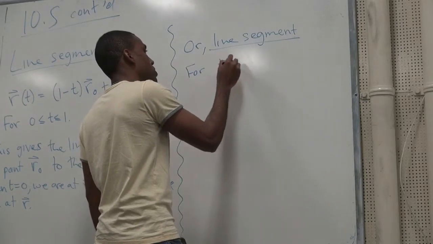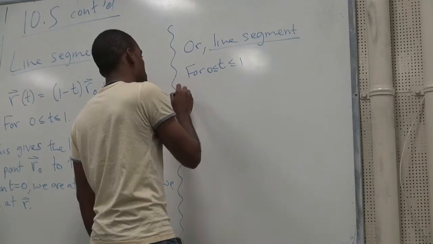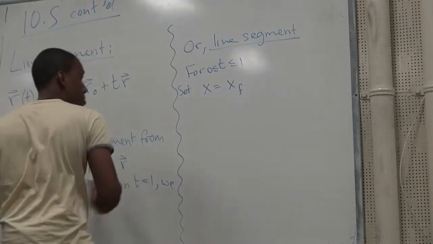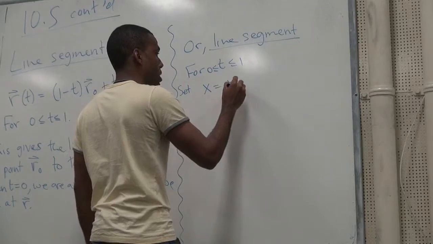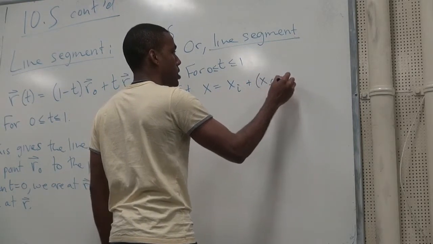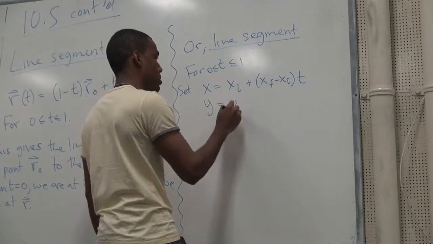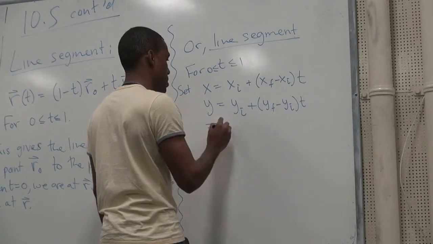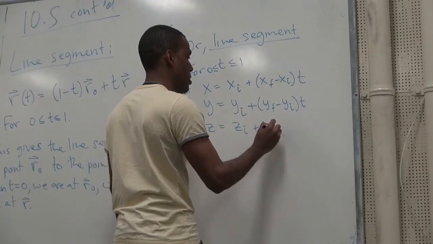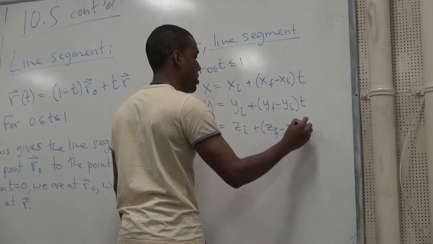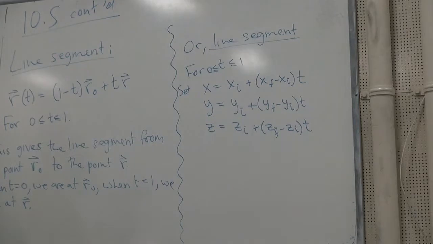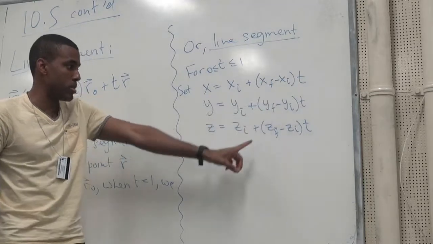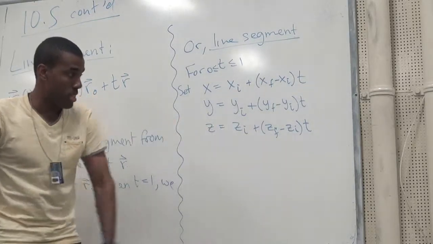For t goes from 0 to 1, set x equals x initial plus x final minus x initial times t, y equals y initial plus y final minus y initial times t, z equals z initial plus z final minus z initial times t.